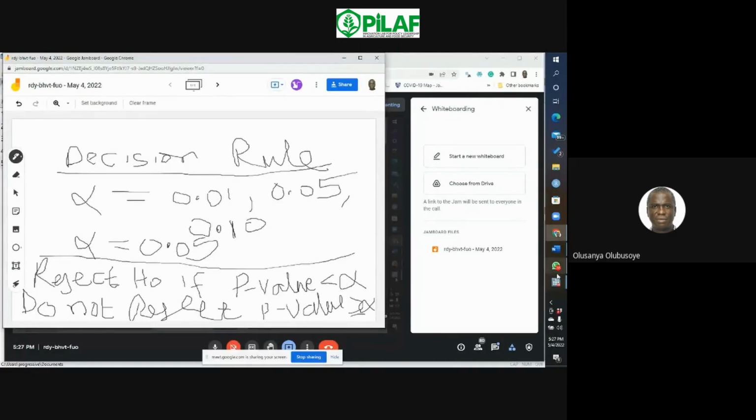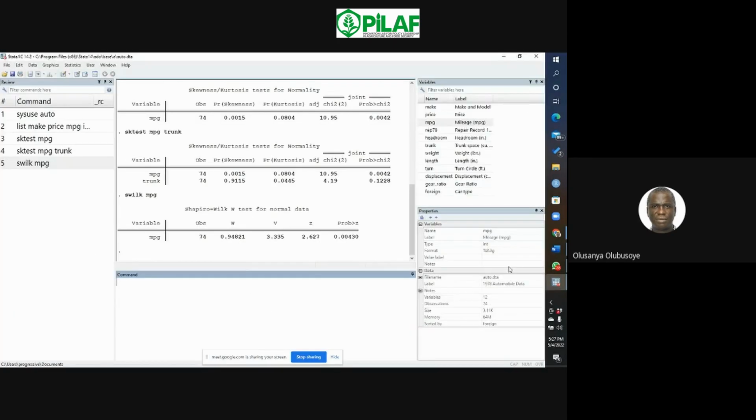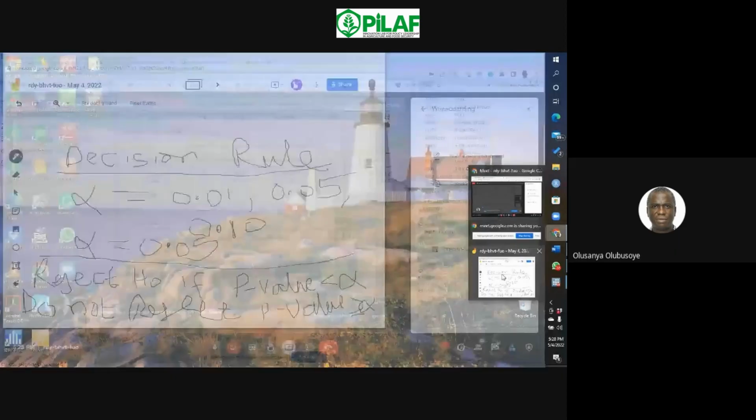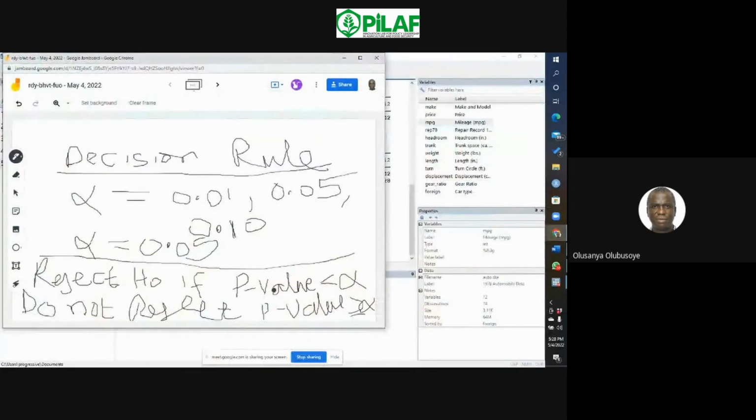In our case, here, this is the p-value. The p-value is far less than the alpha of 0.05 that we have chosen, and therefore we reject the null hypothesis.